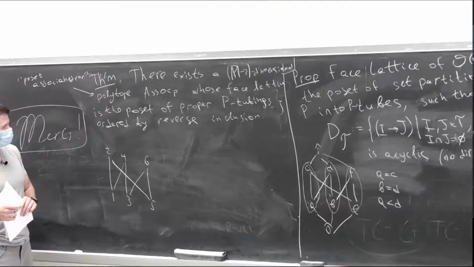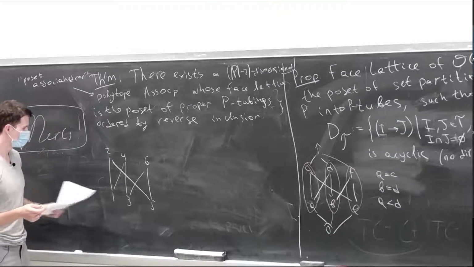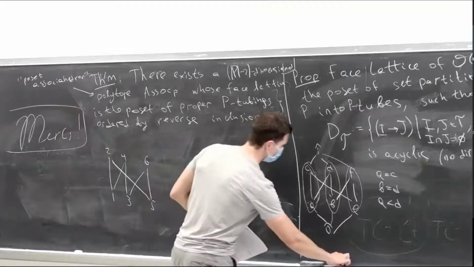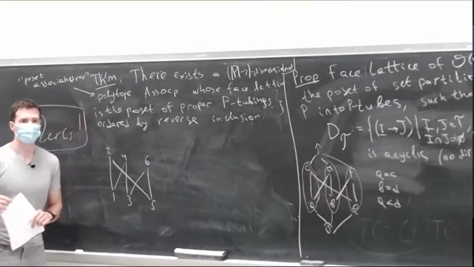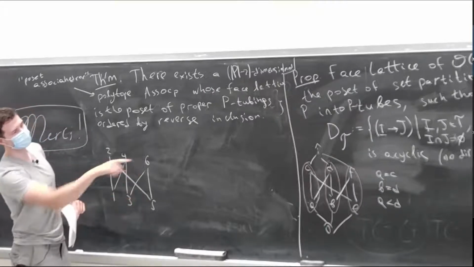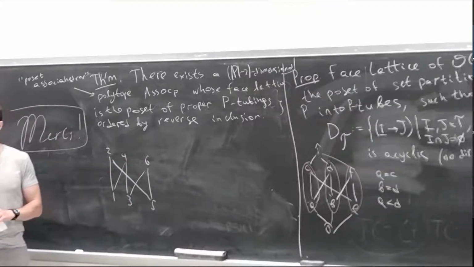So let's play the game again. Maybe somebody can tell me some example of a P-tube in this poset. 5, 2. All right, let's take the only proper tubing. Let's not take singletons because they are trivially tubes. 5, 2.